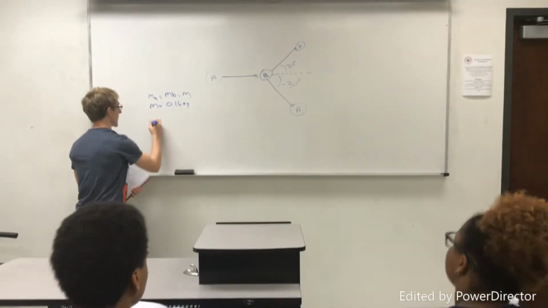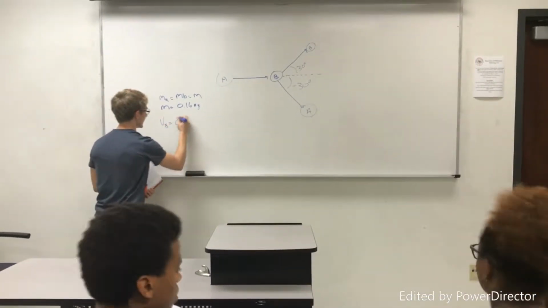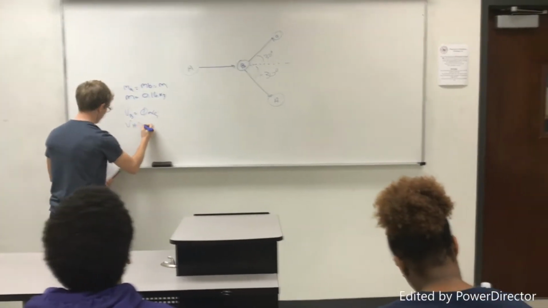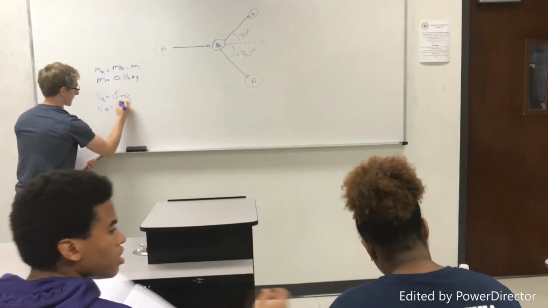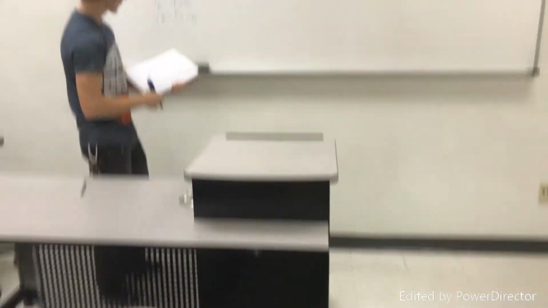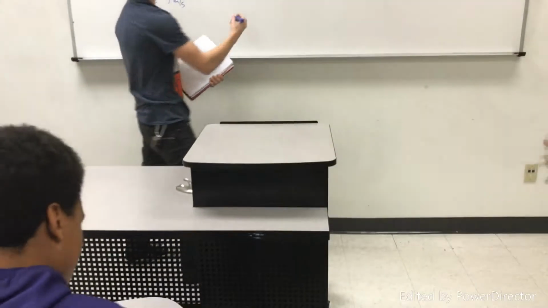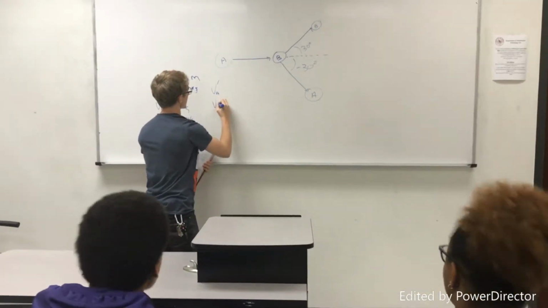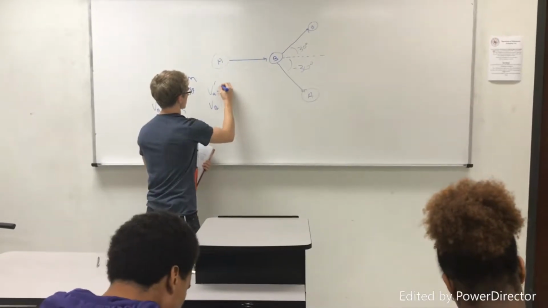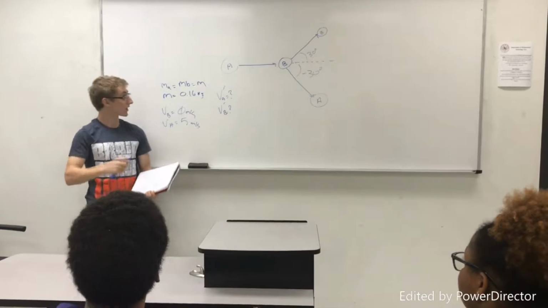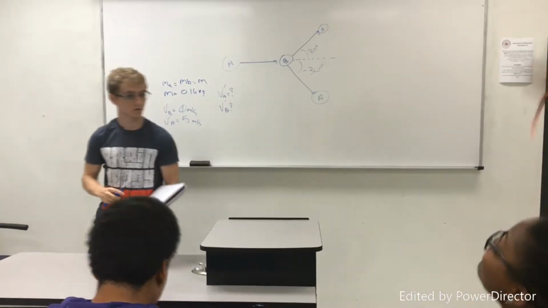The initial velocity of B is at rest, and the initial velocity of A is 5 meters per second. What this problem is simply asking is, what is the final velocity of both masses?